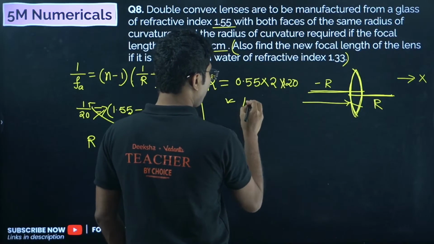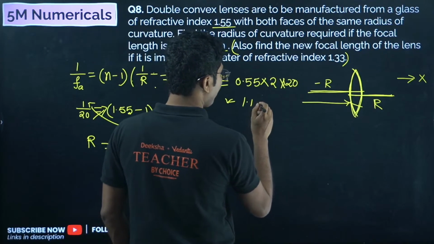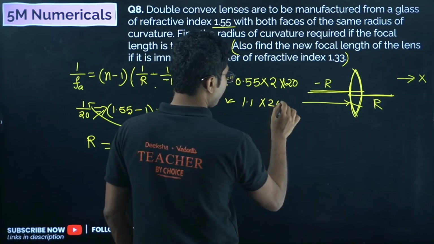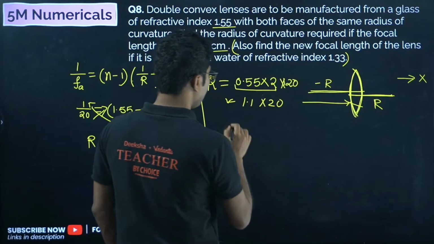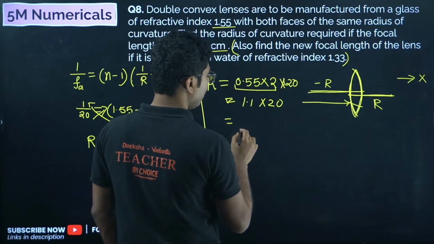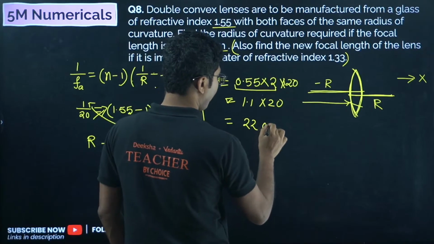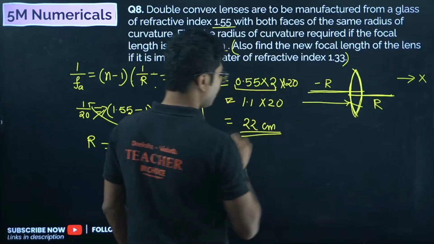So 1.1 into 20 equals 22. So the radius of curvature will be 22.